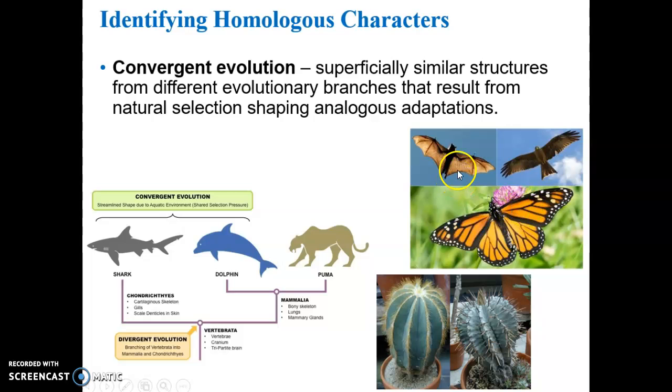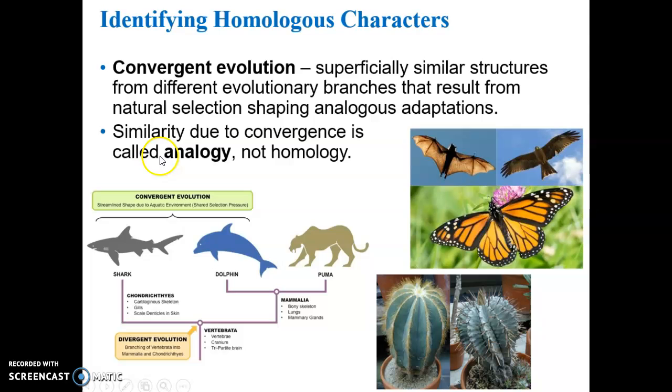So similar adaptations, but not homologous structures, because these organisms are not closely related. This is a bird, a bat's a mammal, and a butterfly is an insect. So the cause of the somewhat similar structures of these wings is due to convergent evolution, not similar evolutionary relationships.